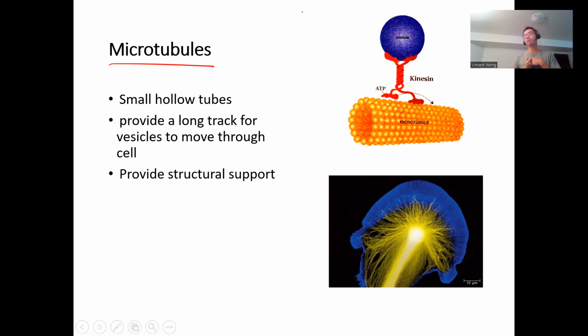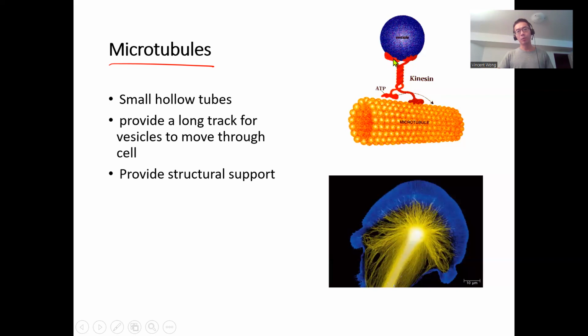Microtubules, you can think of them as conveyor belts inside the cell. So the vesicle can hop onto one of these conveyor belts, and it will travel along the microtubule and get to its destination. I kid you not, there are these molecules that look like a person without the head.